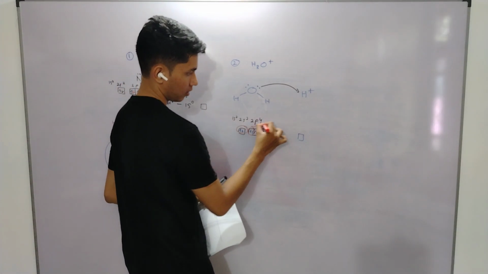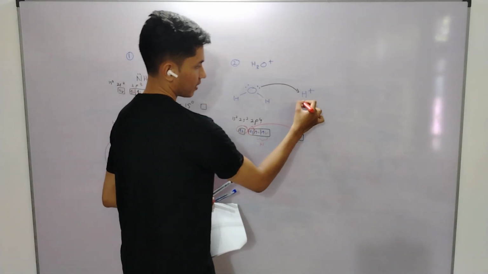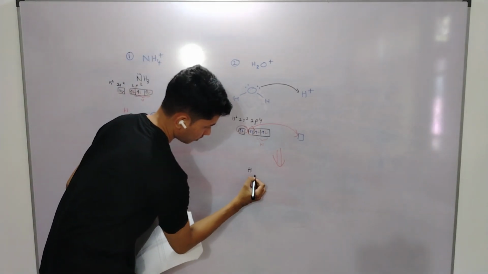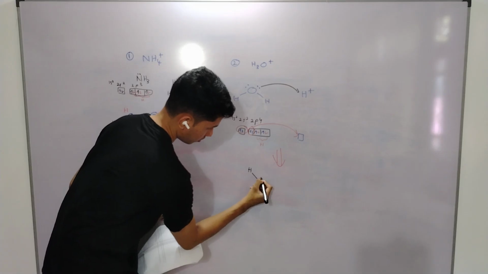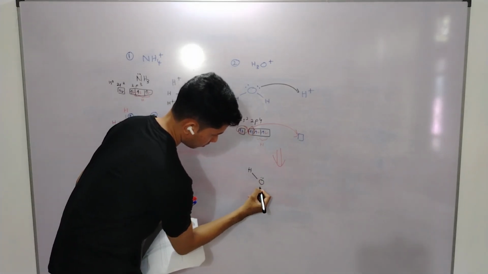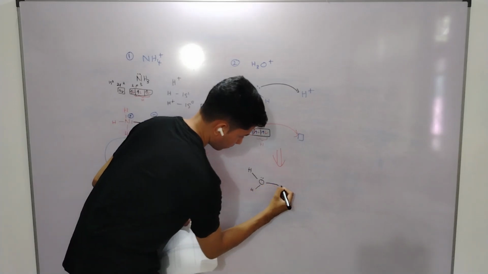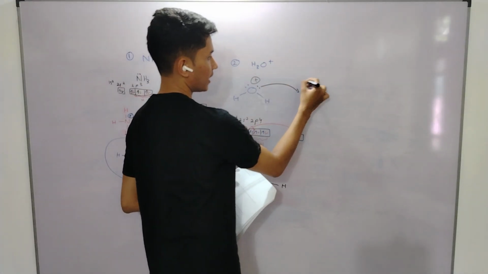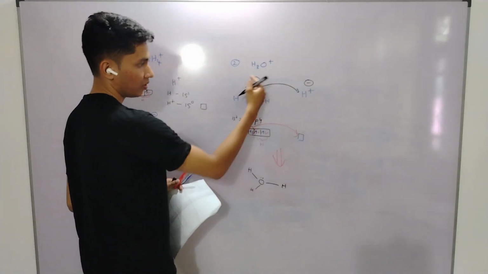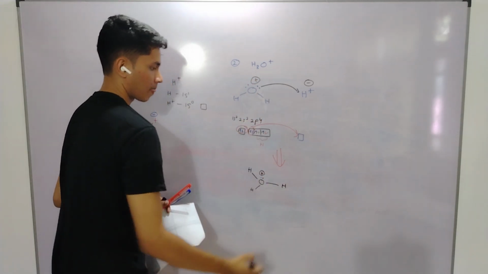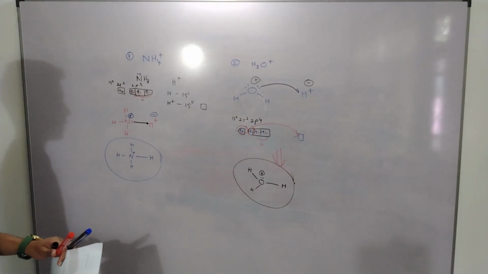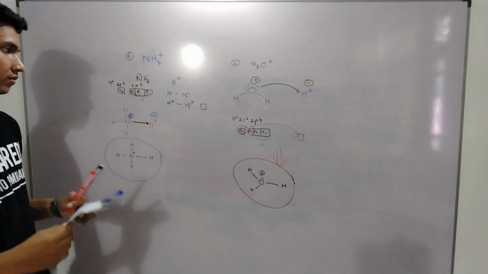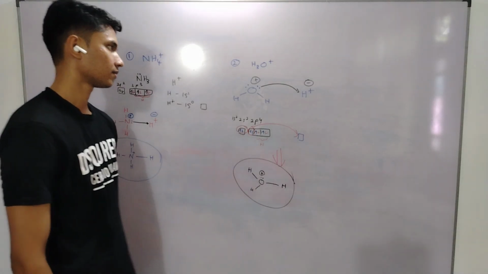One pair is donated to this H plus. The resultant structure is H, O, H, H. We know that the donating one will get a plus charge and the accepting one will get a minus charge. Plus and minus cancel off, and overall it will have a plus charge. This is the structure of H3O plus.